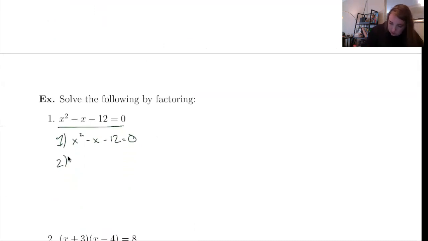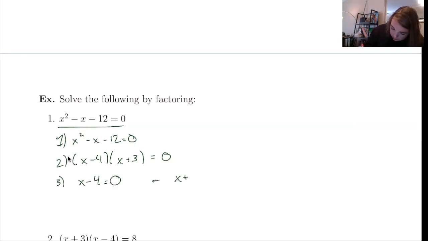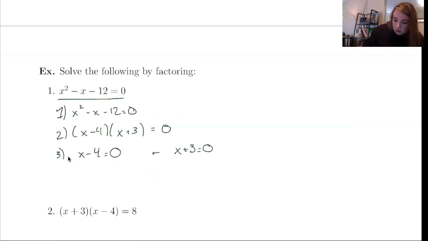So x squared minus x minus 12 is going to factor to x minus 4 times x plus 3. Negative 4 plus 3 is negative 1. Yes. Equal to 0. So now the zero product property says for x minus 4 times x plus 3 to equal 0, either x minus 4 equals 0 or x plus 3 equals 0. So that tells me that either, moving 4 over, x equals 4.